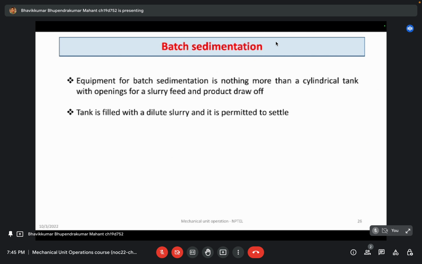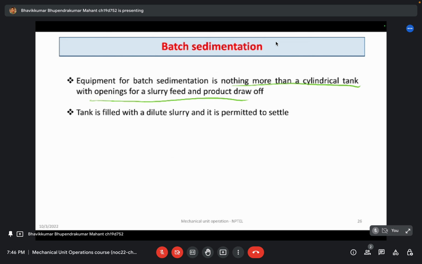Another is the batch sedimentation operation. Here we use sedimentation batch-wise. We fill the material in the tank and give it time to settle. These are mainly the wastewater treatments we discussed earlier. Equipment for batch sedimentation is nothing more than a cylindrical tank. We only require one tank with openings for slurry feed and product drawoff. The tank is filled with dilute slurry and permitted to settle.